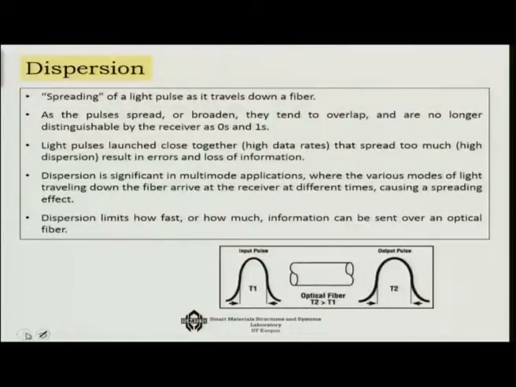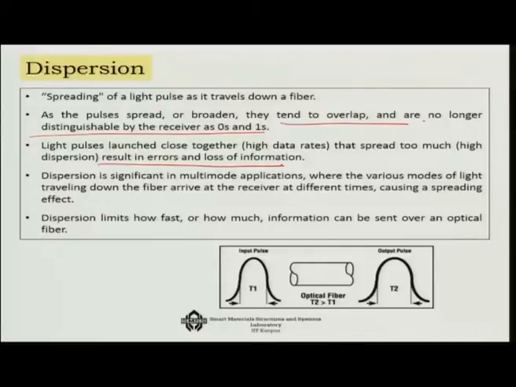So, the third problem is the problem of dispersion. This is the spreading of a light pulse as it travels down a fiber. As the pulses spread or broaden, they tend to overlap and are no longer distinguishable by the receiver as zeros and ones. Light pulses launched close together at high data rates that spread too much result in errors and loss of information.